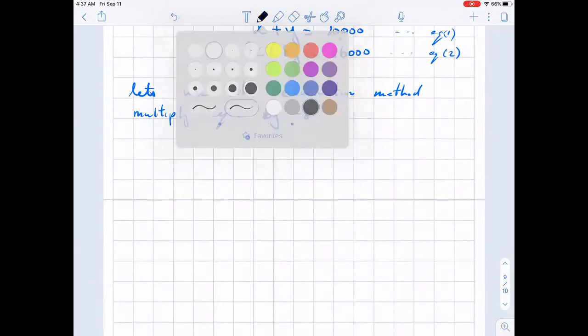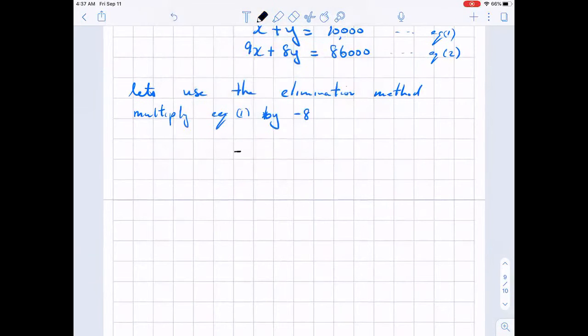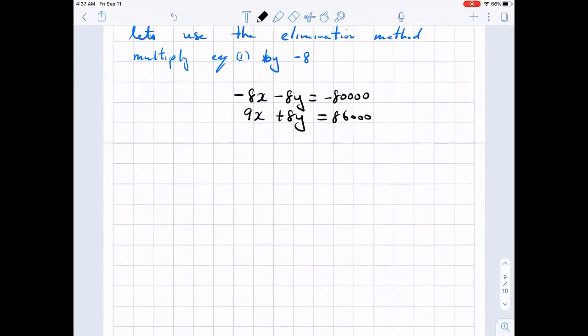So by doing this, we have minus 8x minus 8y is equal to minus 80,000. We've multiplied the bottom equation by 1, so that's 9x plus 8y is equal to 86,000. If you add them, you get x is equal to 6,000.